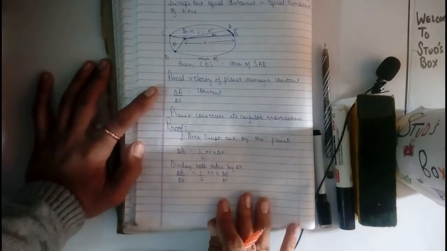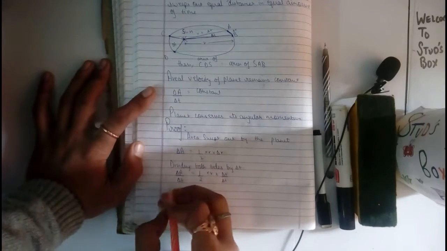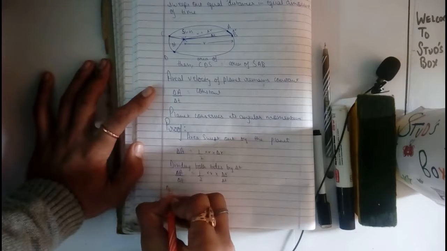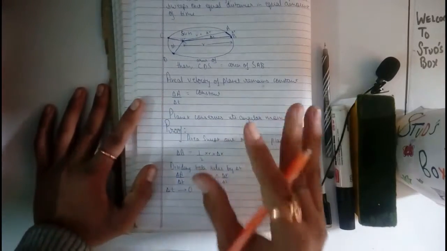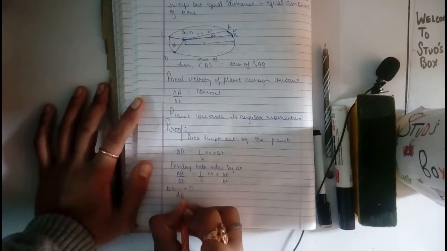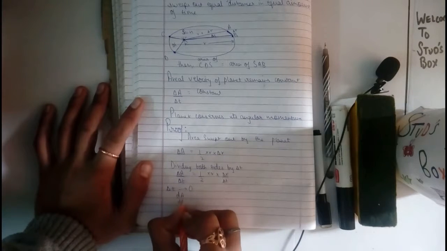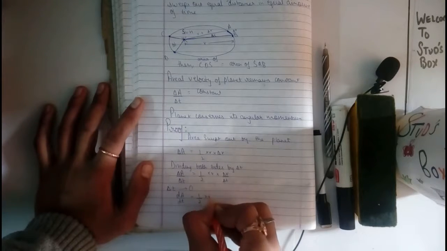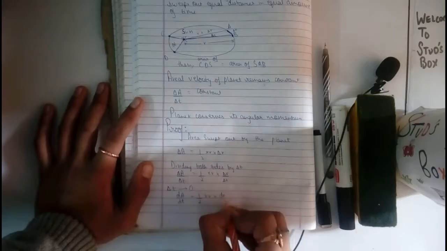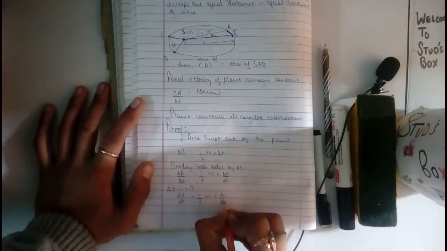If delta t tends to 0, that is, delta t is a very small time, this whole equation will become dA by dt equals half of r into dr by dt.